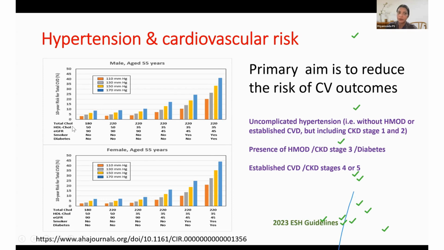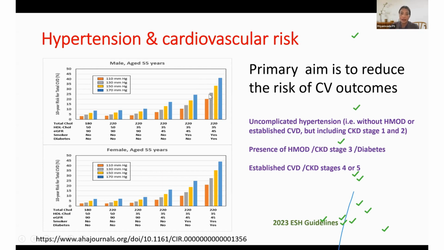Now let us say we have a patient with just hypertension, normal cholesterol, normal GFR, a non-smoker, and not diabetic. The 10-year risk for an adverse cardiovascular event is going to be less than 5%. Now, let us say the same patient, if we go to this side, with hyperlipidemia, a low HDL cholesterol, a low GFR, and the patient smokes and has diabetes.